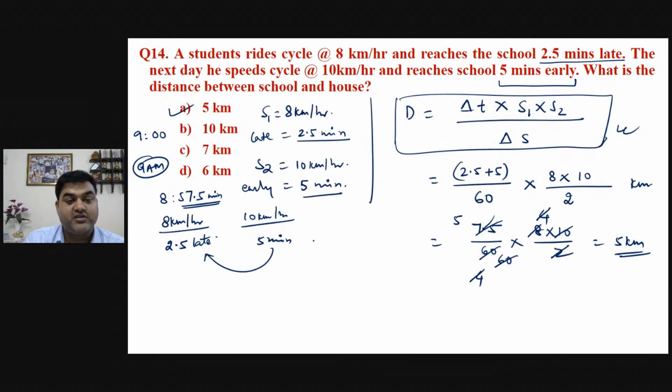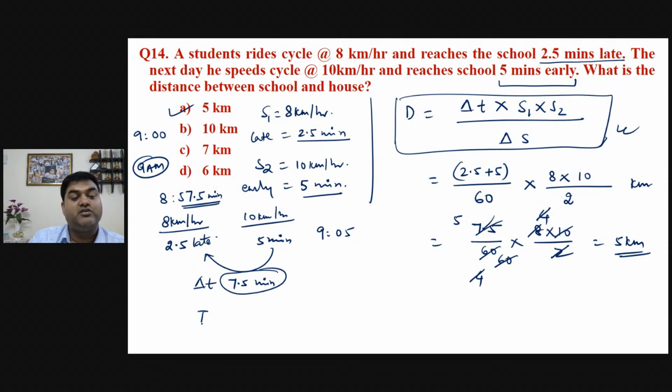And here it is going to be 5 minutes late, that means 9:05, correct? So the difference between these two we have to find. The difference is 7.5 minutes, correct? So this is the time difference, delta t. How to find the difference of time? T2 minus T1, or T1 minus T2, whatever you say.